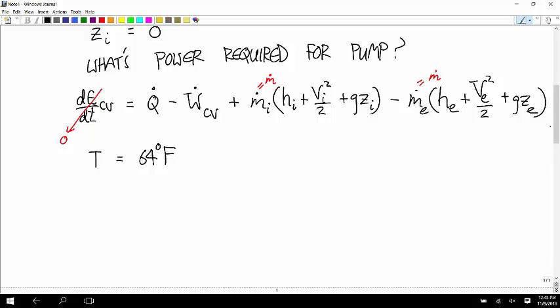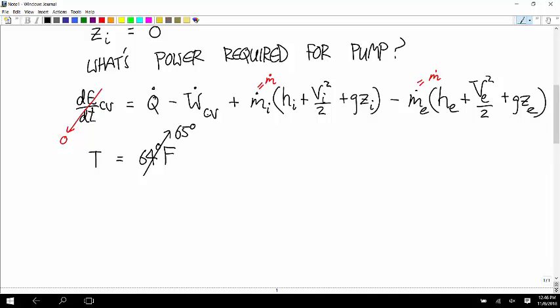Okay, so saturation for water. Temperature is in Fahrenheit. We're at 64. You should interpolate this, but we're not going to. We're going to call this 65. Don't do this in your homework, but anyway, 65 degrees Fahrenheit.